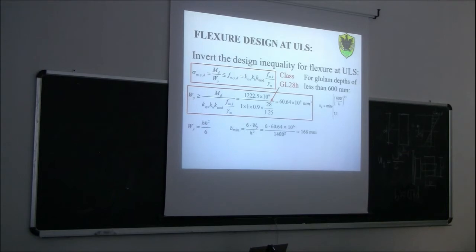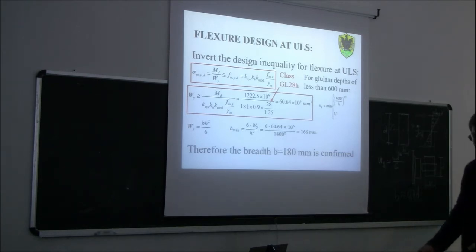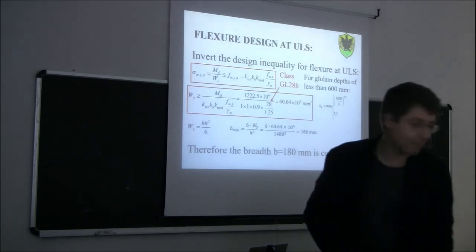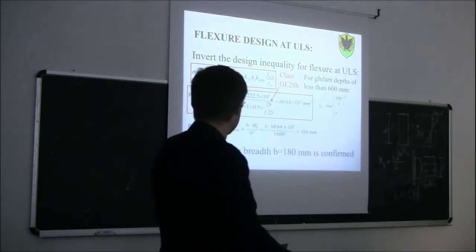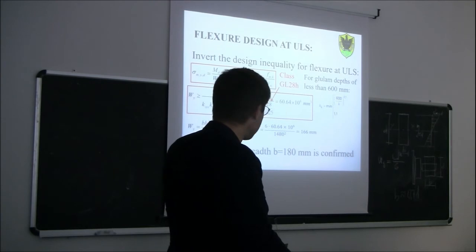Or the height. In this case, here you see I use the same height and I calculate the breadth, 166. And we could say, okay, since in our preliminary design we started with a cross section that was 180 by 1 meter 48, this is more or less the same.